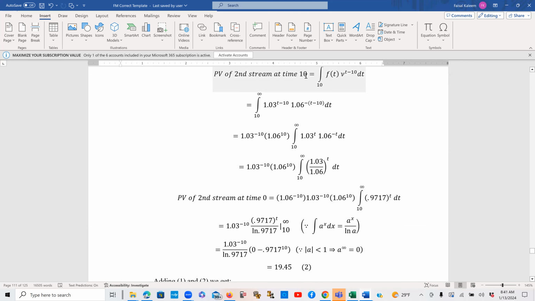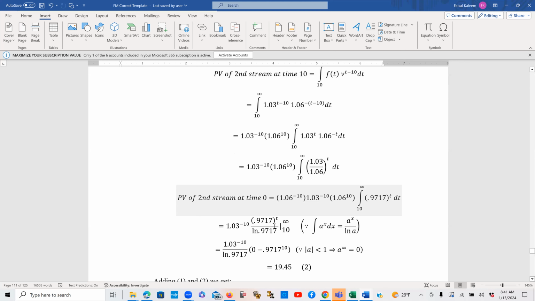And to get its present value at time 0, we pull it back through 1.06 to the negative 10, multiply by that, and these two stay like they are, and then the 1.03 over 1.06 equals 0.9717, and we have a whole power t.